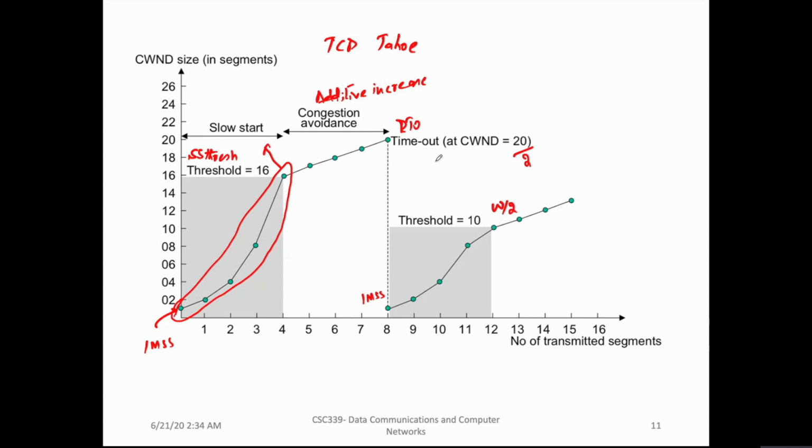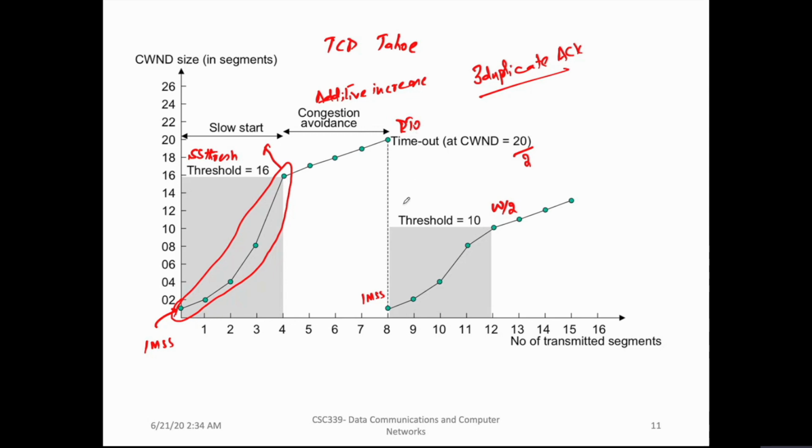But there's another way we can trigger retransmission, and that is upon receiving triple duplicate acknowledgements. If we receive triple duplicate acknowledgements, we will not wait for the timer to expire, and we will immediately do the same thing, that is, the multiplicative decrease.